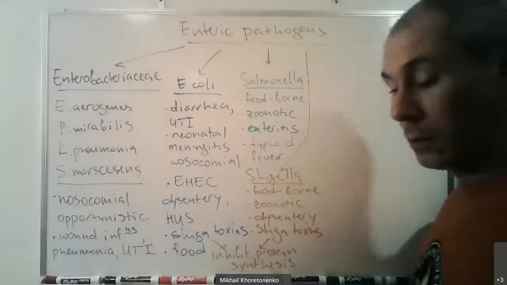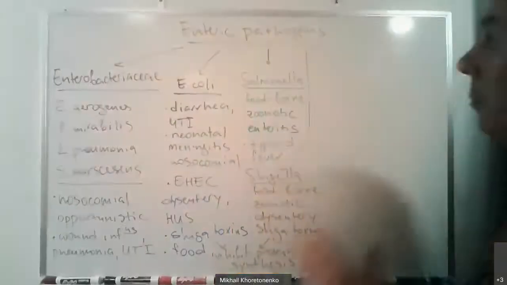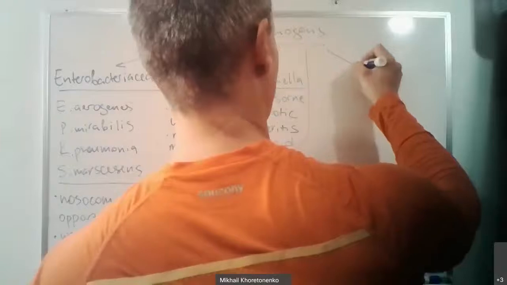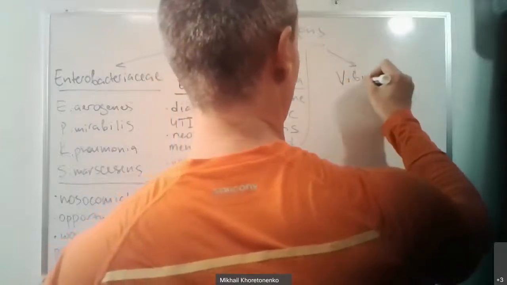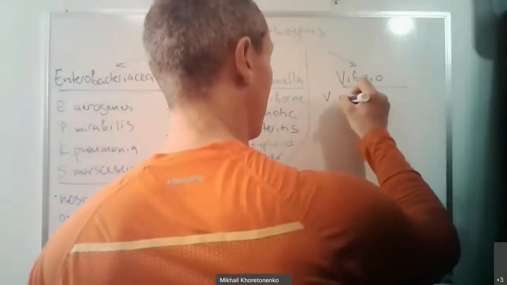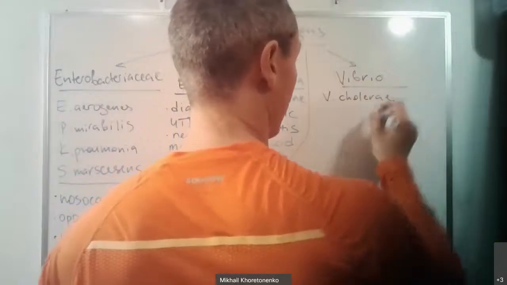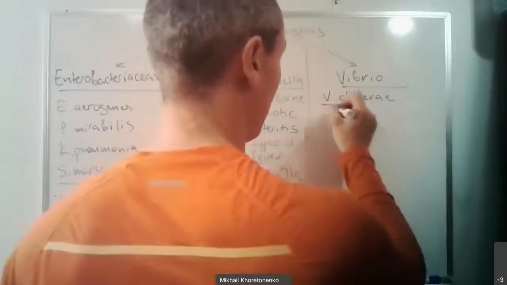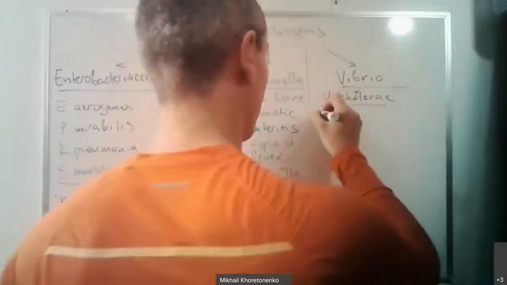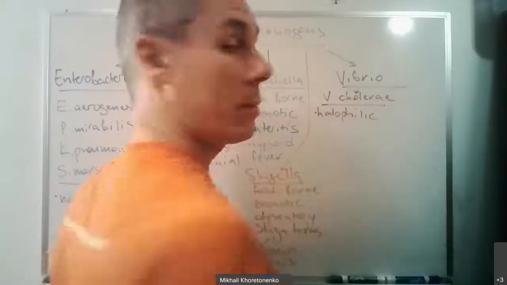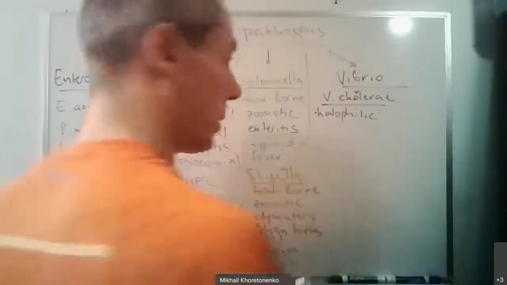Okay. The last group in enteric pathogens that I wanted to discuss here will be Vibrio. I'm going to start with the enteric Vibrio cholerae. Vibrio cholerae is a halophilic microorganism. Not too halophilic, but it prefers brackish water.